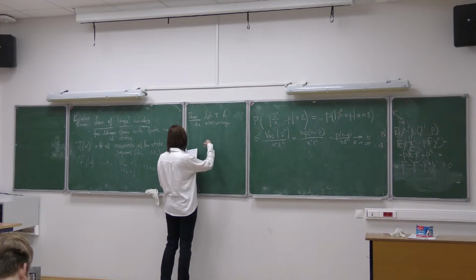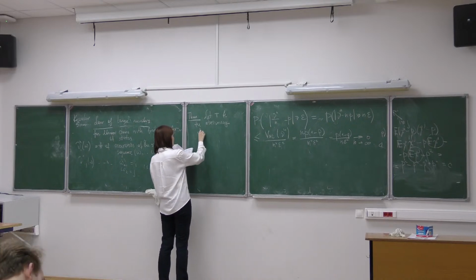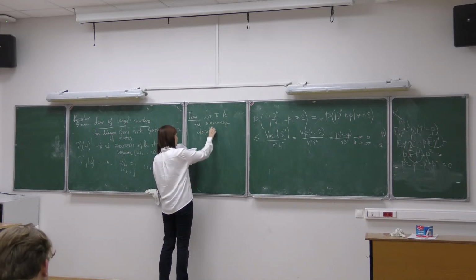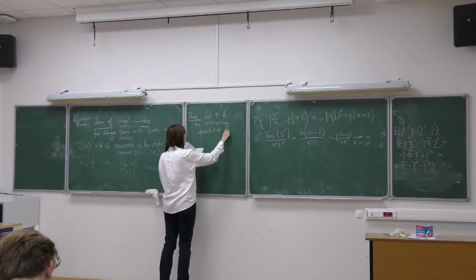So this is a stationary distribution of an ergodic Markov chain.